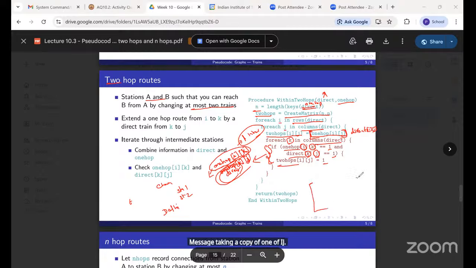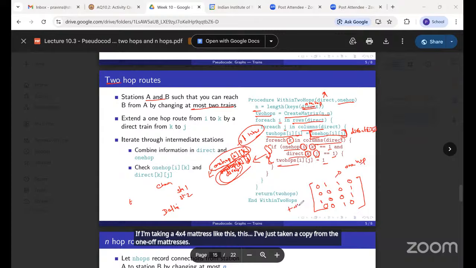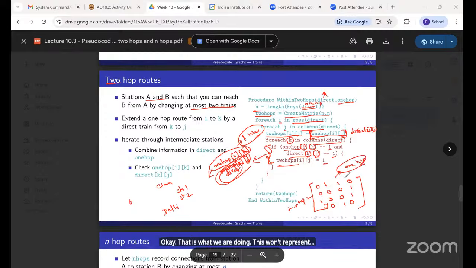If I take a matrix for two hops, initially a 4 by 4 matrix like 0, 0, 1, 0 and 0, 1, 0, 0, 1, 1, 0, 0, 1, 0, I have just taken a copy of the one hop matrices.